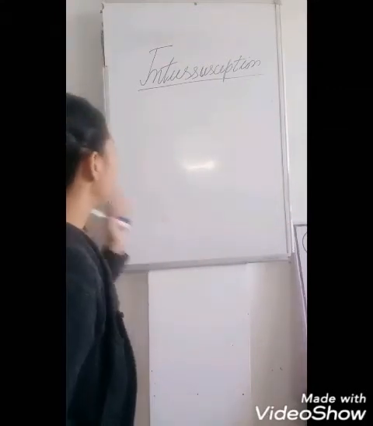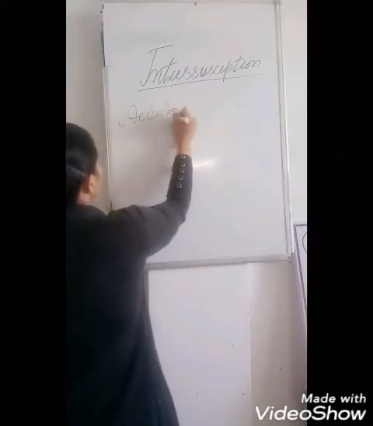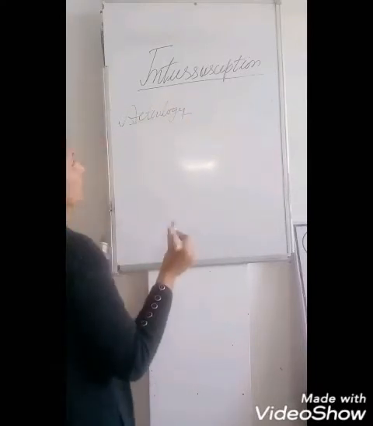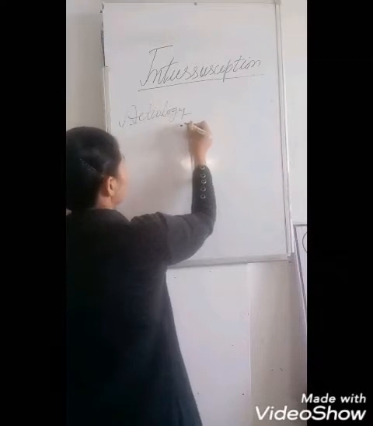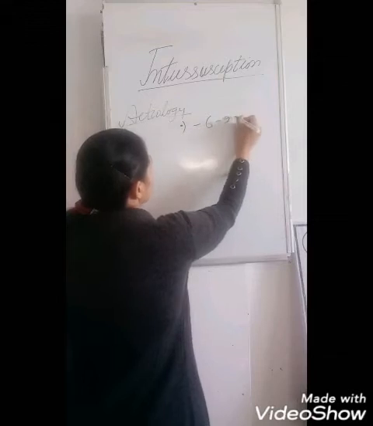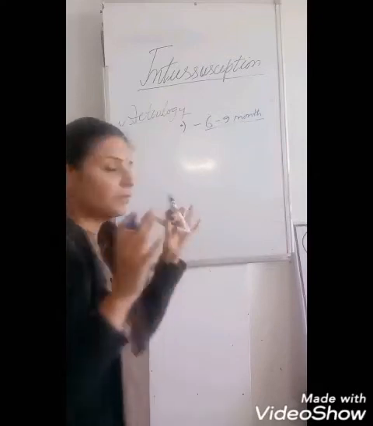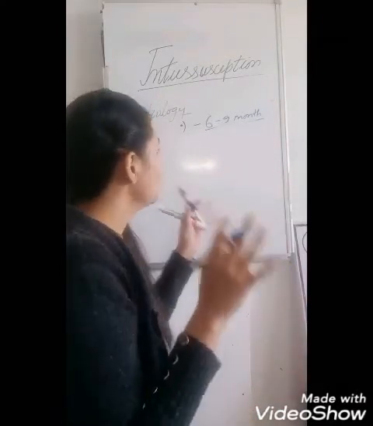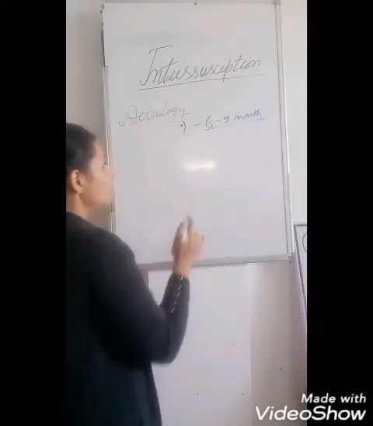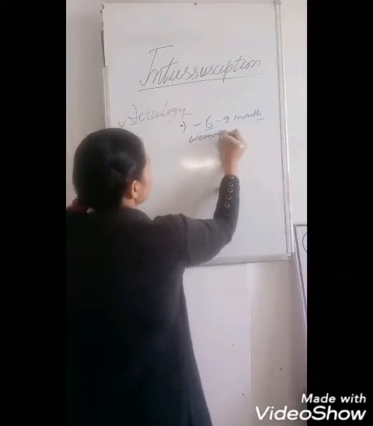Now, what is the etiology? Mainly the dietary factor plays a role, and this occurs mainly in children of 6 to 9 months or after 1 year also. We have observed that after the weaning of milk, the causative factor is weaning of milk.